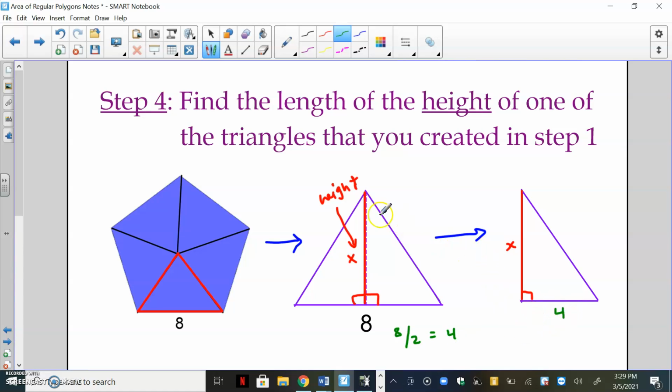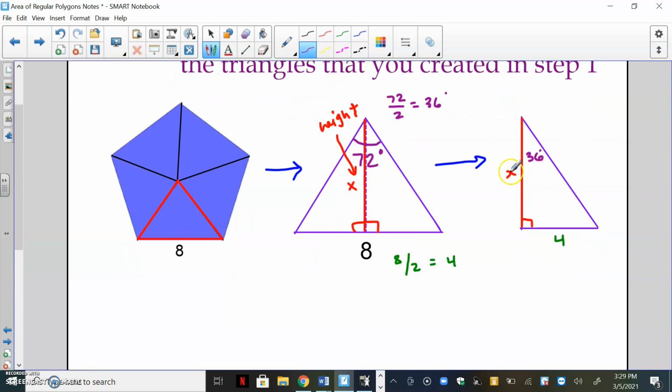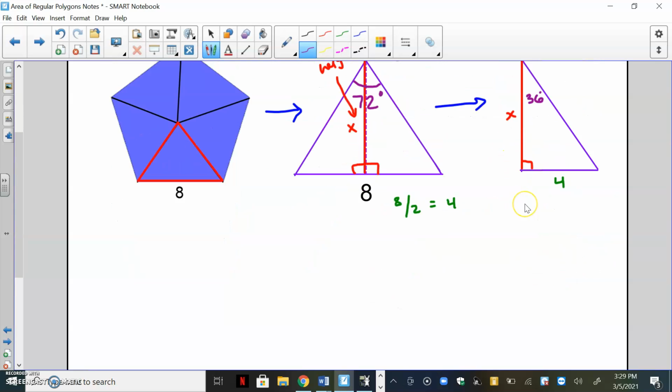And then additionally, I knew that this angle up here, the central angle, was 72 degrees. So I also have to take that 72 degree angle and cut it in half as well. That gives me a 36 degree angle. Alright, so now that's all the information I know about this triangle, but I have everything I need to figure out what that missing piece is.